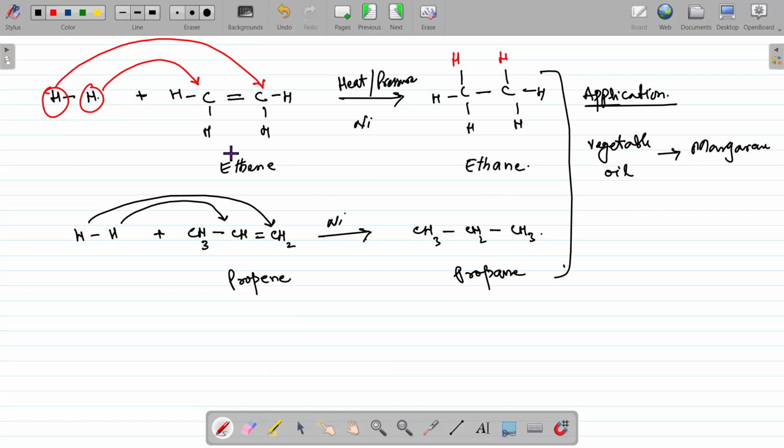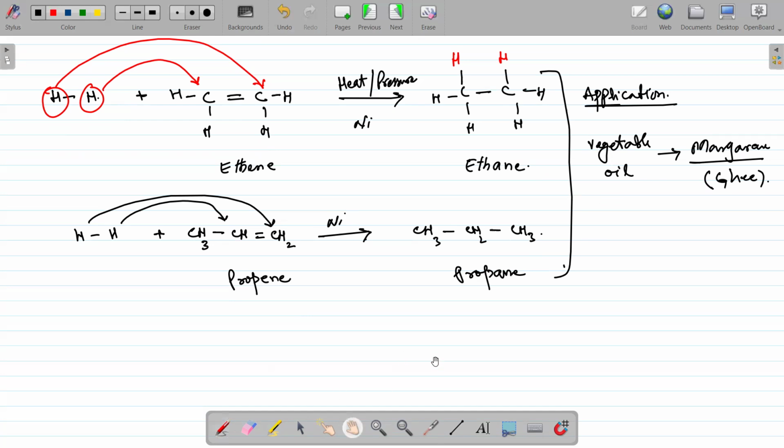So it means there are a large number of double bonds in their molecules, and we treat them with hydrogen and we convert them into margarine, which in our Pakistan is known as ghee. Clear? So vegetable oil is liquid at room temperature, but margarine is in a semi-solid state. So we convert the unsaturated hydrocarbons into saturated hydrocarbons by addition of hydrogen in the presence of nickel catalyst. So the conditions are very important, and the application is also very important.